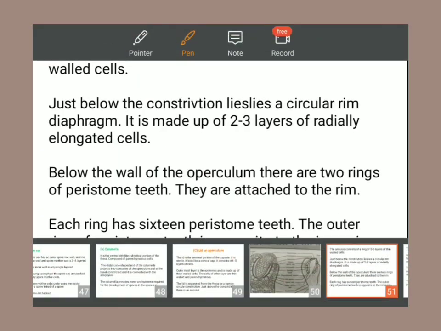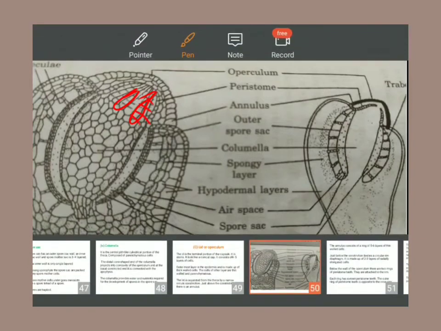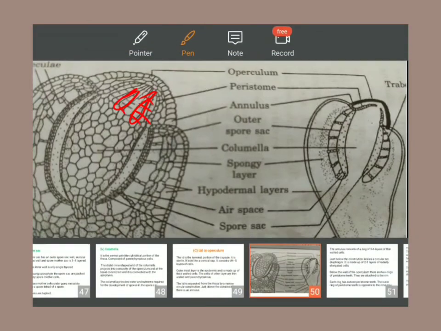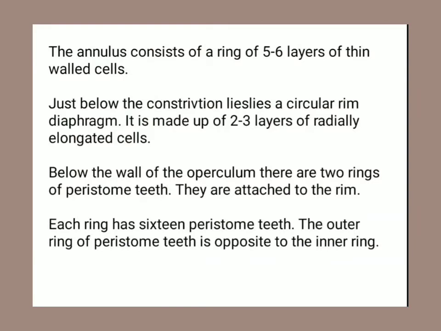Okay, you can see in this figure, this is the peristome, and these are all rim-like structures. In this rim, these teeth-like structures are known as the peristome teeth. And in each ring-like structure, 16 peristome teeth are present.